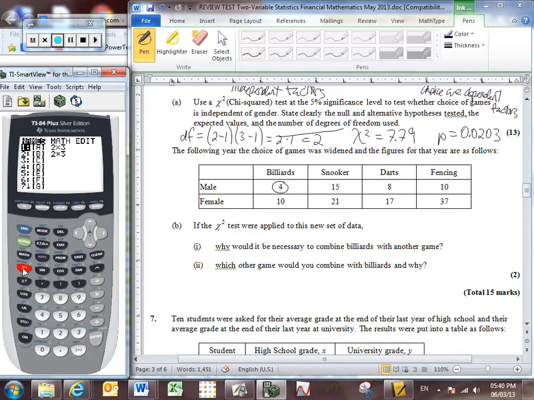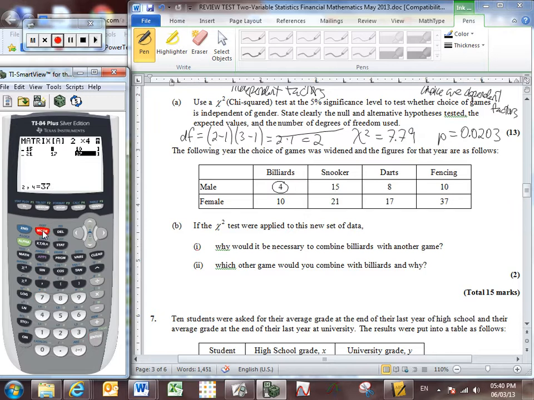I'm just going to find out what happens if I change matrix A to a 2 by 4, and then I put in this data: 4, 15, 8, 10, and then 10, 21, 17, and 37.